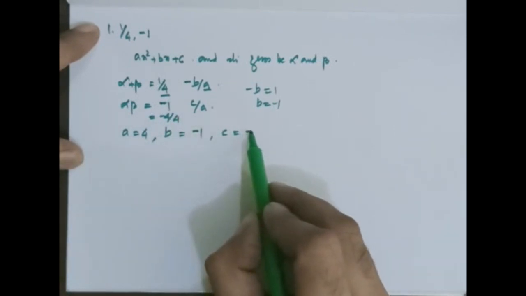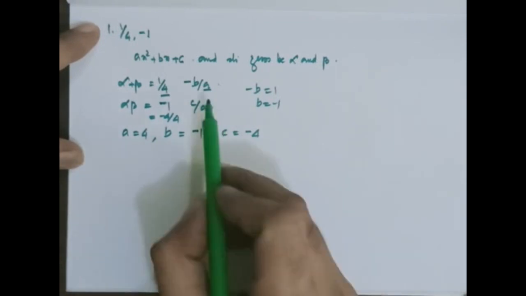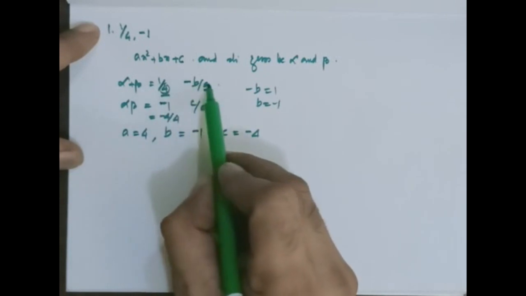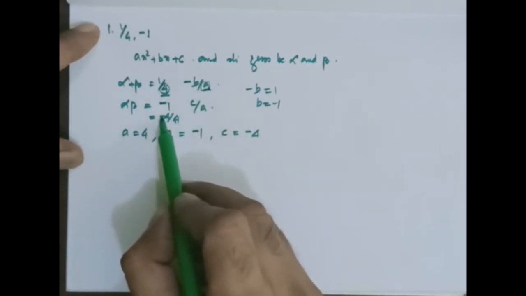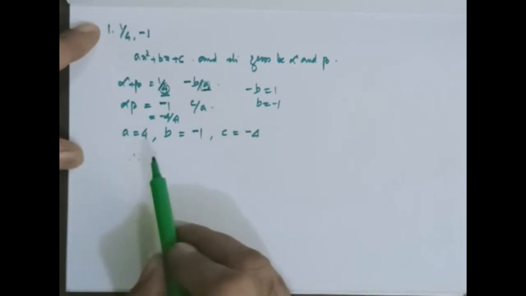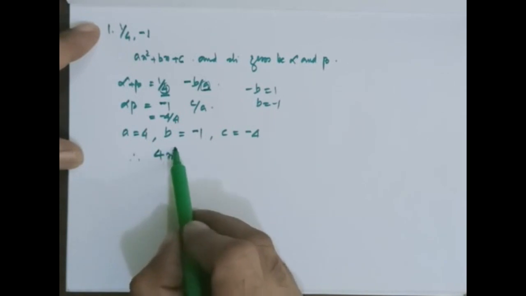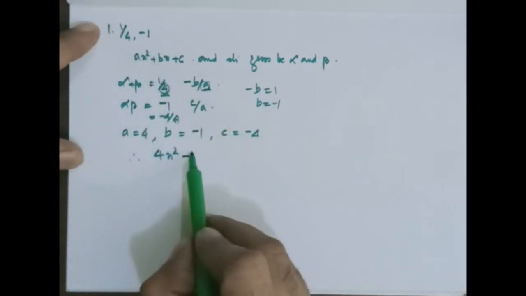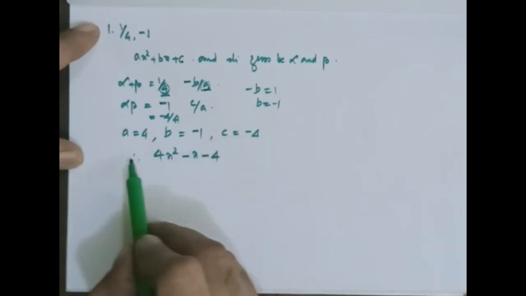So c can be written as minus 4, because already we are having a as 4. So in order to get minus 1, if you consider minus 4 by 4, c equal to minus 4. So therefore, what is the quadratic polynomial? 4x square plus bx, that is minus x, plus c, that is minus 4.